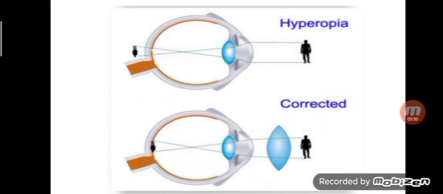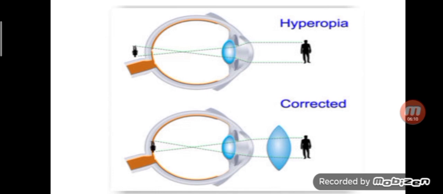Next defect of vision is hypermetropia or far-sightedness. It is a defect of the eye in which the vision of distant objects is clear, while vision of nearby objects is unclear.